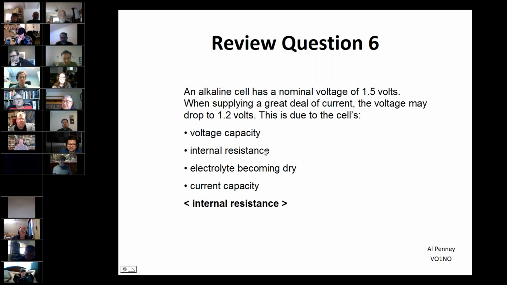We're going to see next chapter that voltage gets dropped across a resistor, a load. When the current becomes pretty high, you have to take into account that voltage is being dropped across the resistance inside the battery. So the voltage you measure is going to be less than the rated voltage of the cell.